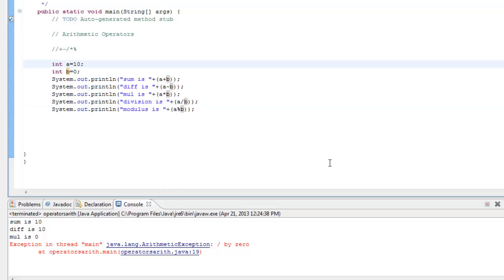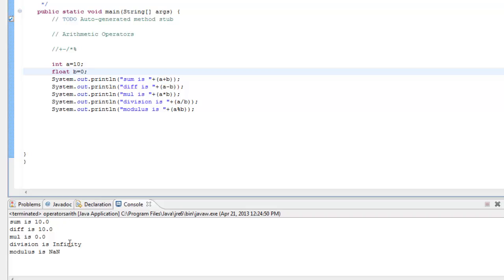Whereas in case we have this as float, this will be infinity. So this is a difference in the division by integers and by floating point numbers. Now for floating point number there is no error and the value will come out to be infinity. In case this is minus 0, the result will come out to be minus infinity.